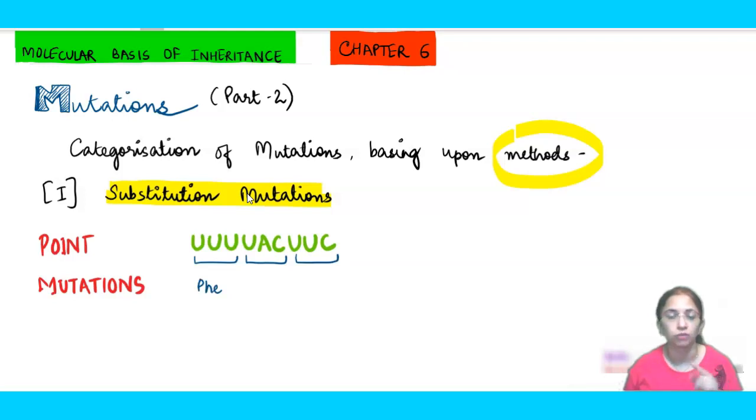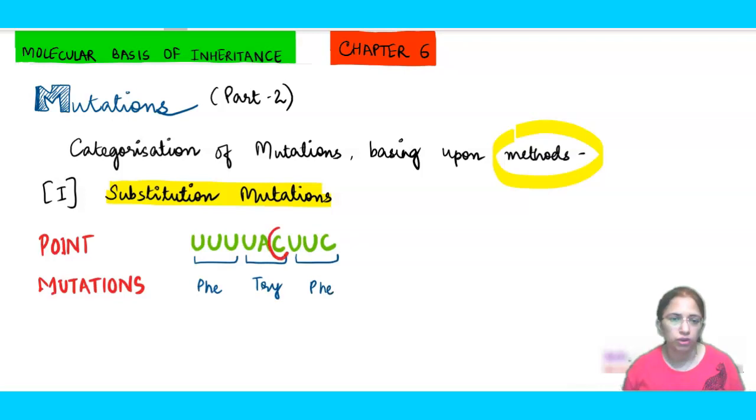Just go and watch our video on the genetic code as well, because there I have told you how to interpret these codons. So UUU codes for phenylalanine, UAC codes for tyrosine, right, and UUC again codes for phenylalanine. So this is the sequence given to us.